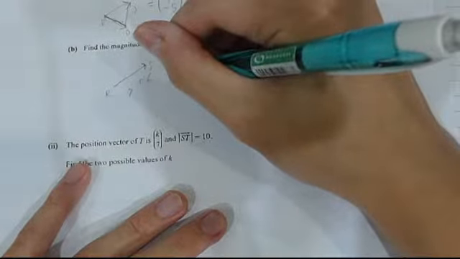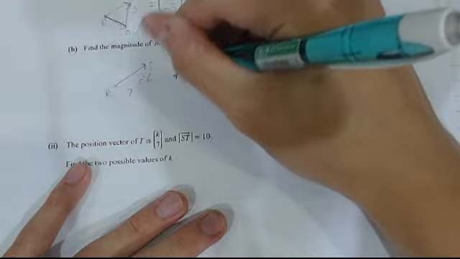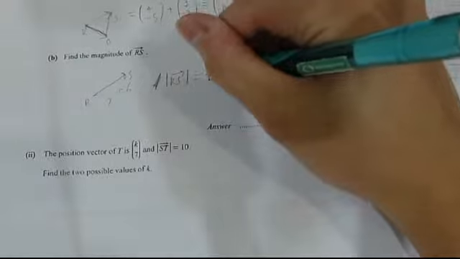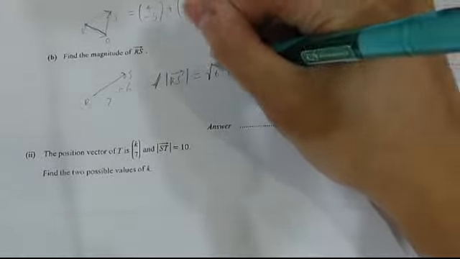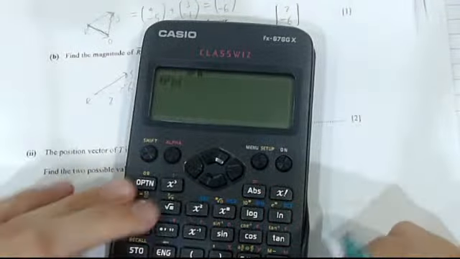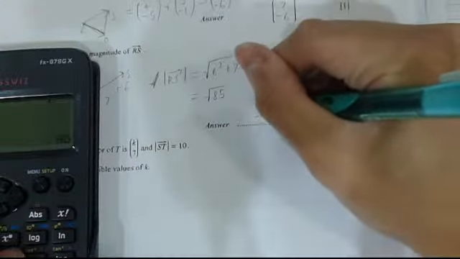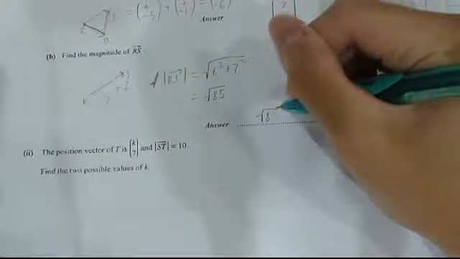The magnitude of RS, this symbol represents the magnitude, equals the square root of 6 squared plus 7 squared. Need my calculator. That's 85. Do we have to round to 3 SF? I'm actually not sure. I don't think we do, because this is vectors, but whatever. At least y'all know, y'all can get higher than me, I don't care.